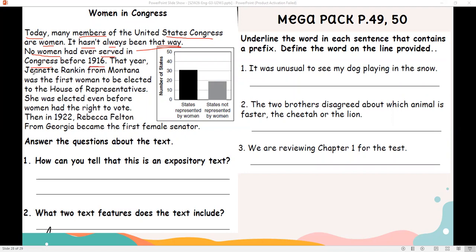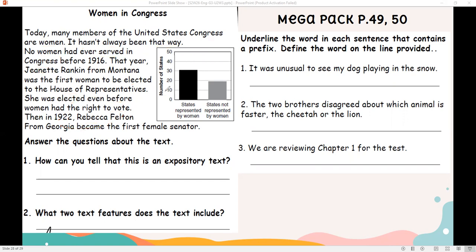That year, Jeannette Rankin from Montana was the first woman to be elected, to be chosen to the House of Representatives. She was elected even before women had the right to vote. Then in 1922, Rebecca Felton from Georgia became the first female senator.